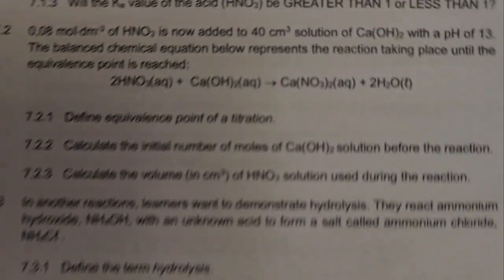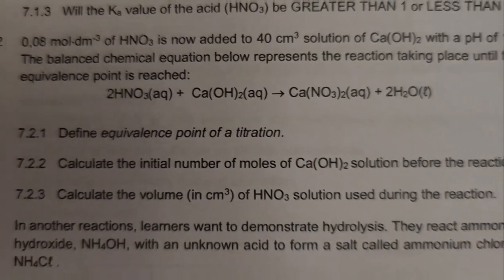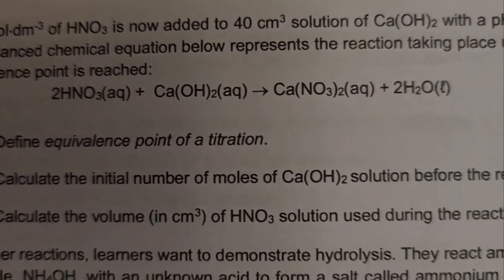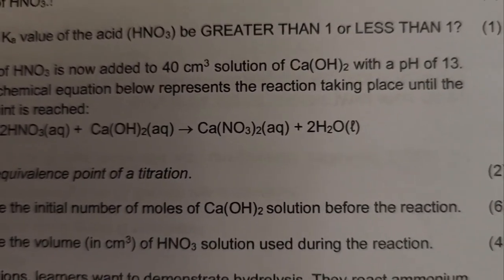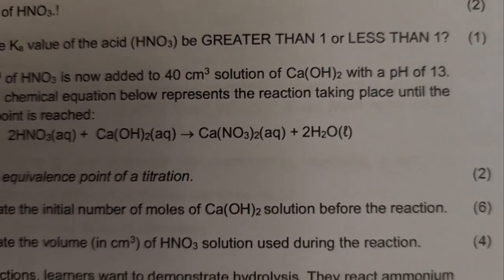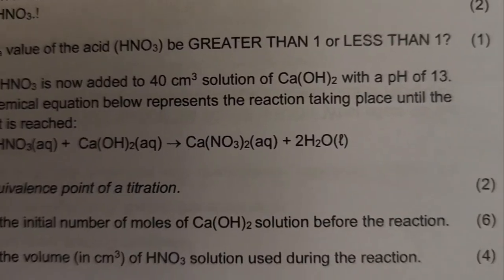Now the next question, 7.2.2: calculate the initial number of moles of calcium hydroxide. Remember, to calculate the number of moles of calcium hydroxide with a given volume, we need the concentration. Where do you get the concentration? From the pH.